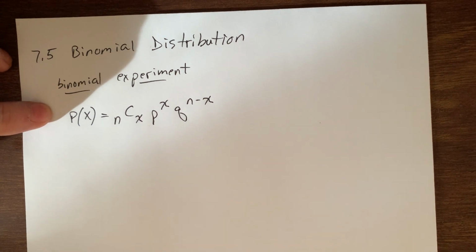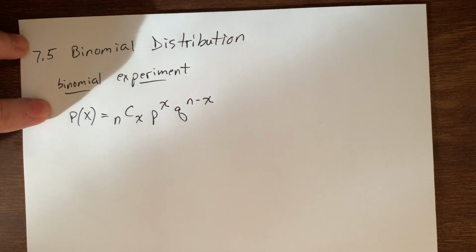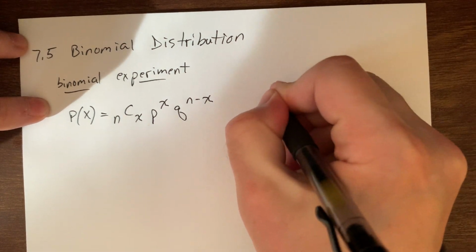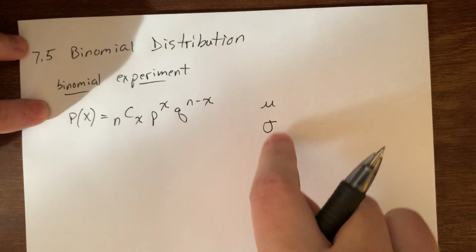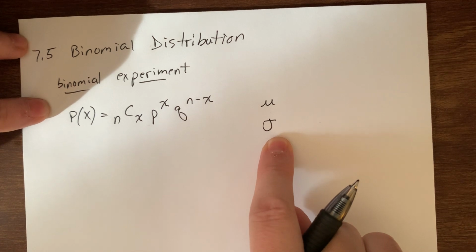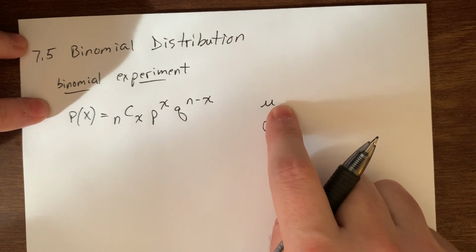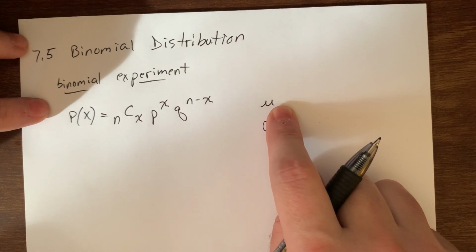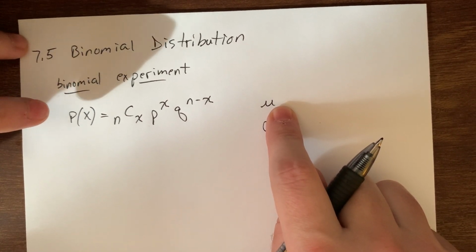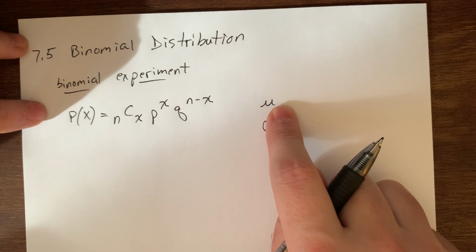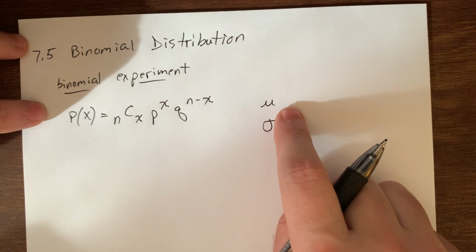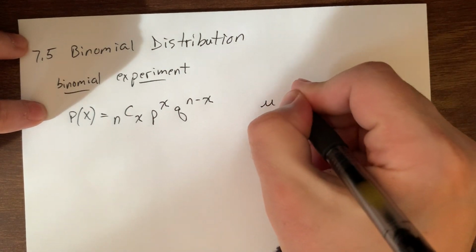But before I get too deep into the formula, a couple other quick little things. We'll still have the ideas of mean and standard deviation. And for the mean in this situation, we're still going to see that idea of expected value. The average, the common, but in this context we hear the words expected, the expected number of what we want, the expected number of what we don't want, but that idea of expected value.